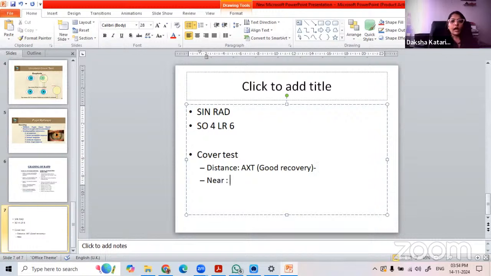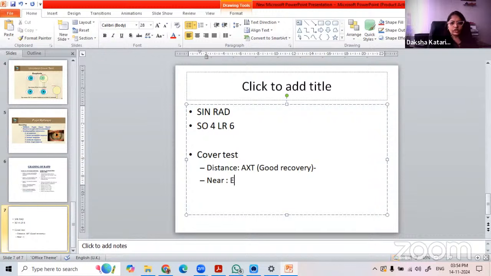Okay, I have seen a lot of students writing it like this. This is wrong. There is nothing called mild exophoria or moderate exophoria. Whatever it is, you're supposed to quantify it. The quantification not necessarily has to be written like this.